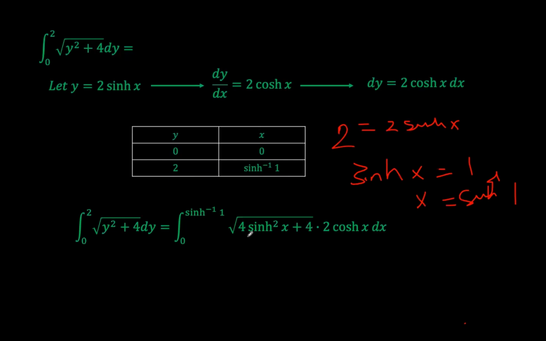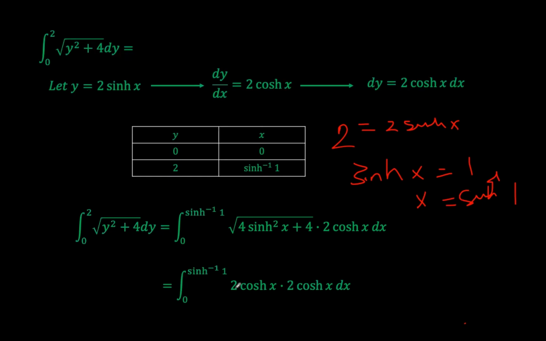And then in place of y we have 2 hyperbolic sine of x, so that squared is 4 sinh squared x plus 4, times 2 cosh x dx. And so this, we can pull the 2 out, square root is 2, and sinh squared plus 1 is the same as cosh squared, square root we have cosh x.